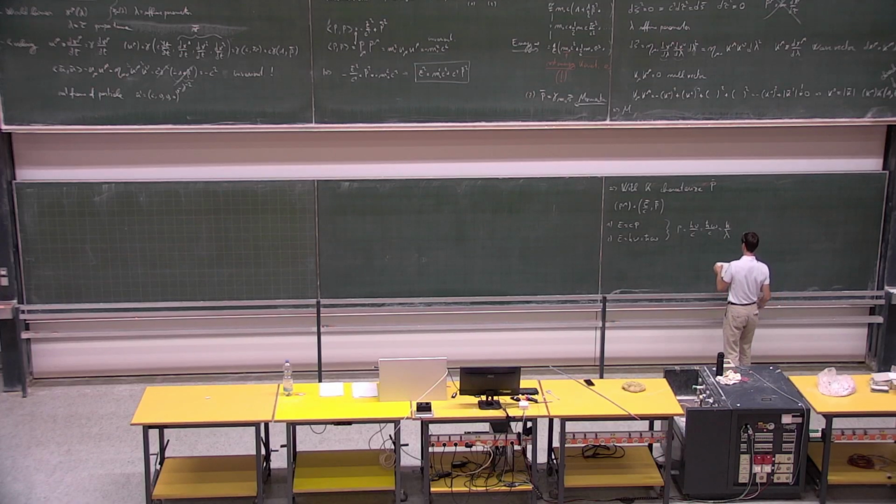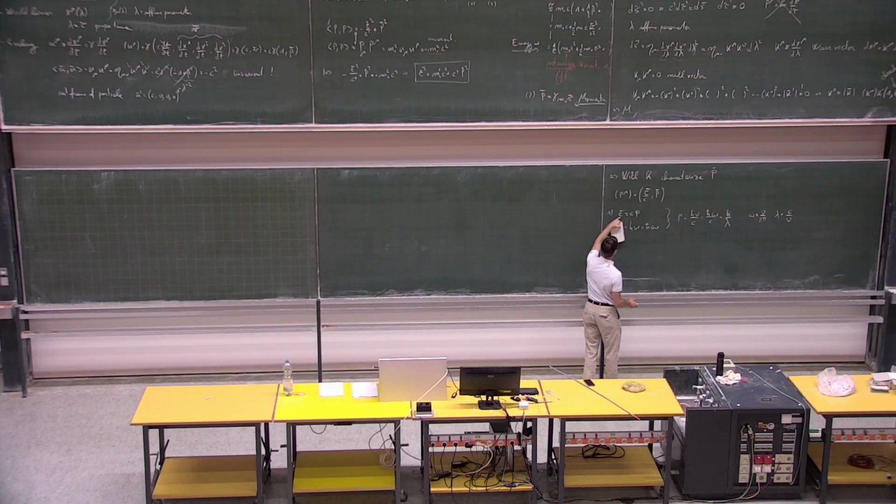Okay? Nice. Here, of course, I just recall the definition that omega is just 2 pi nu, and the wavelength is just defined as the speed of light divided by the frequency of the photon. We know what the energy is and how we can relate it to the frequency of our photon.